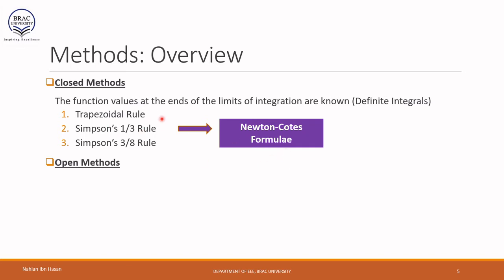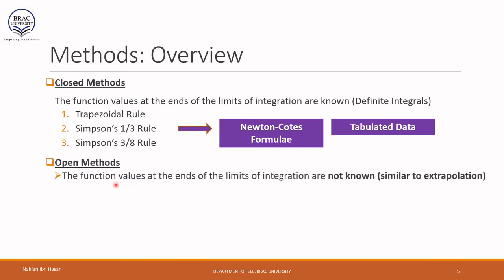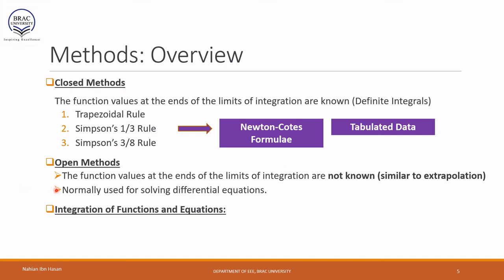These are also called Newton-Cotes formulas, and they are frequently used for calculating the numerical integration of tabulated data. Okay, there is another approach which is known as the open methods. Under this category we do not know the function values at the ends of the limits. That's the difference between the closed methods and open methods. These open methods are usually used for solving differential equations, and they are not familiar from the normal approaches.